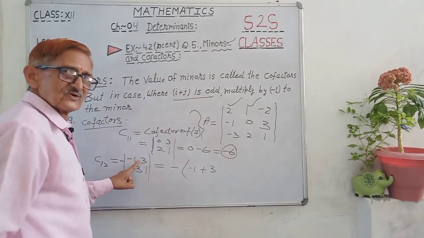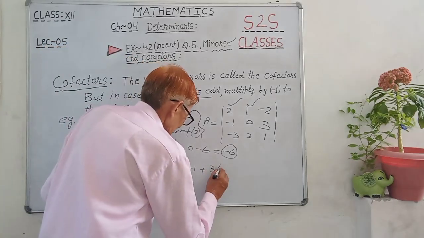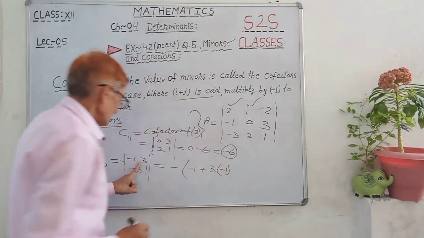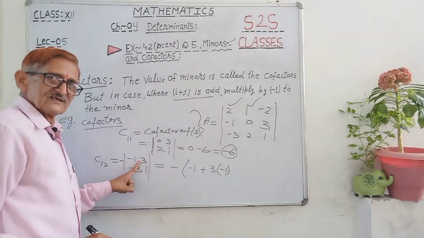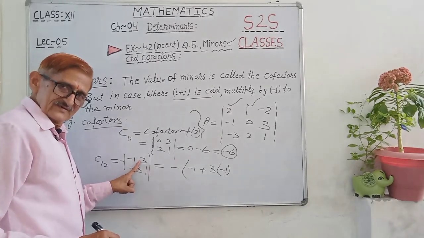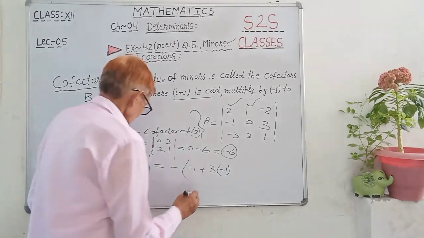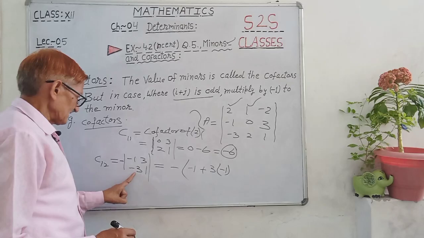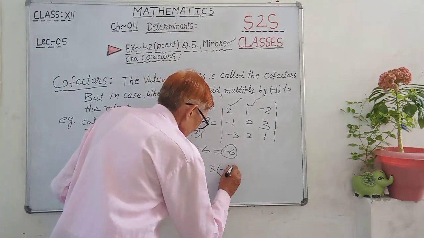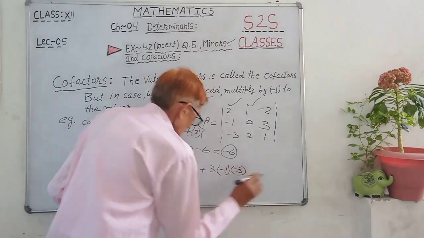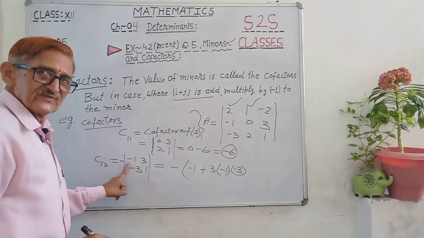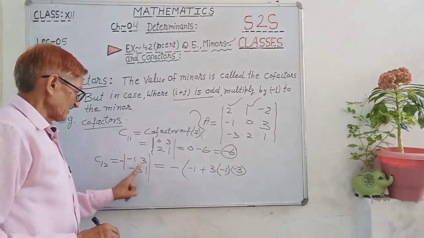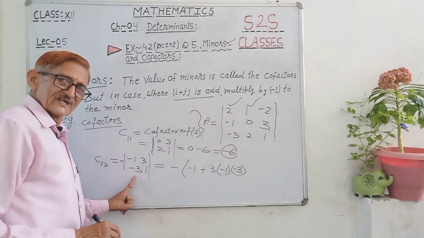we are expanding it, okay, and into -1, because the ith jth of this 3 is odd, and the remaining after this and this cancel, remaining -3. This is the value of this 2 by 2 square matrix.